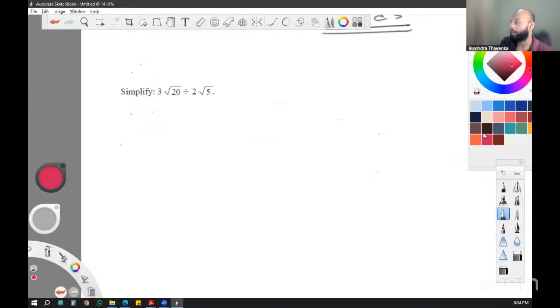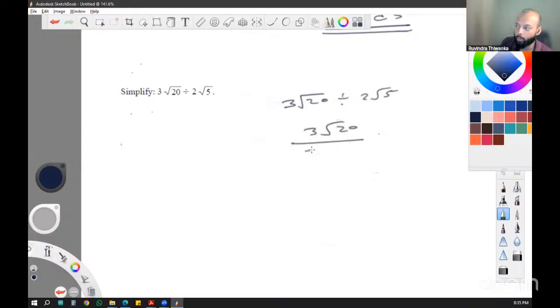Okay. What does this mean? That means 3 over square root 20 should divide by 2 over square root 5. Or else we can write this as 3 over square root 20 over 2 over square root 5, right? This is what they are asking.